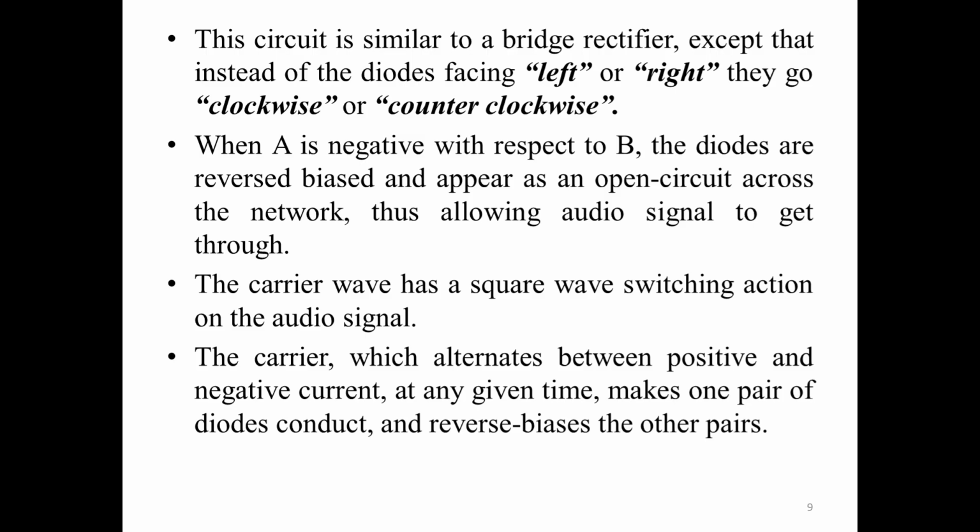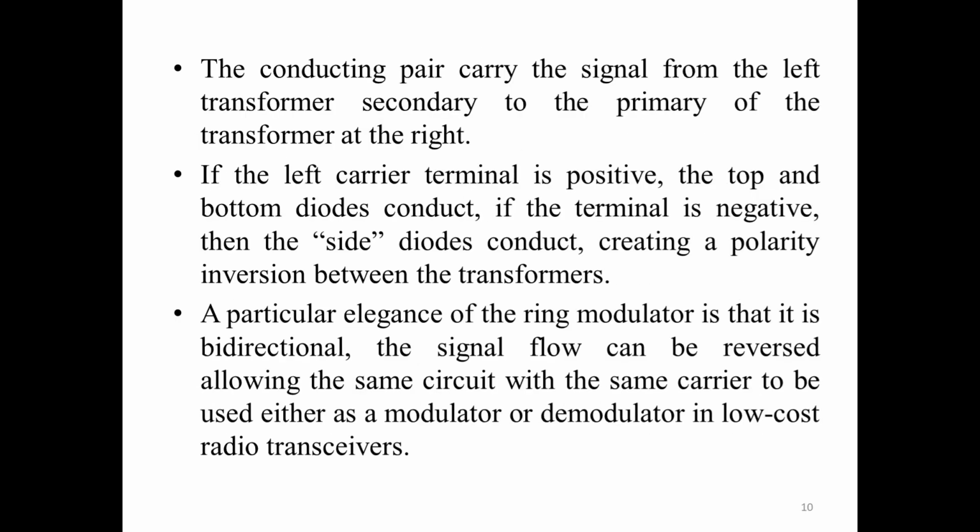The carrier wave has a square wave switching action on the audio signal. The carrier, which alternates between positive and negative currents at any given time, makes one pair of diodes conduct and reverse biases the other pair. The conducting pair carry the signal from the left transformer secondary to the primary of the transformer at the right.